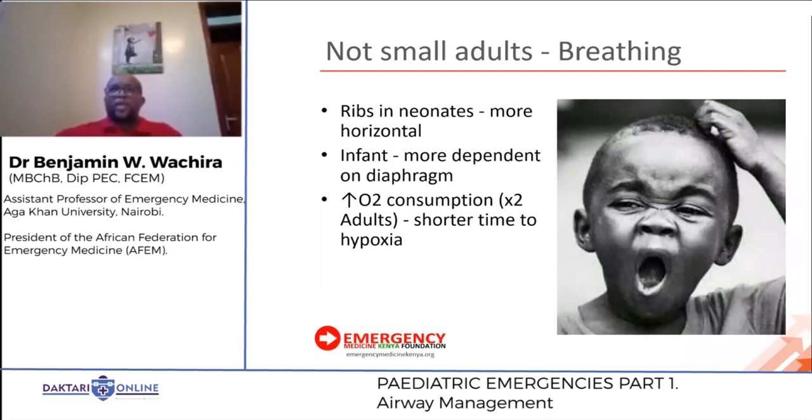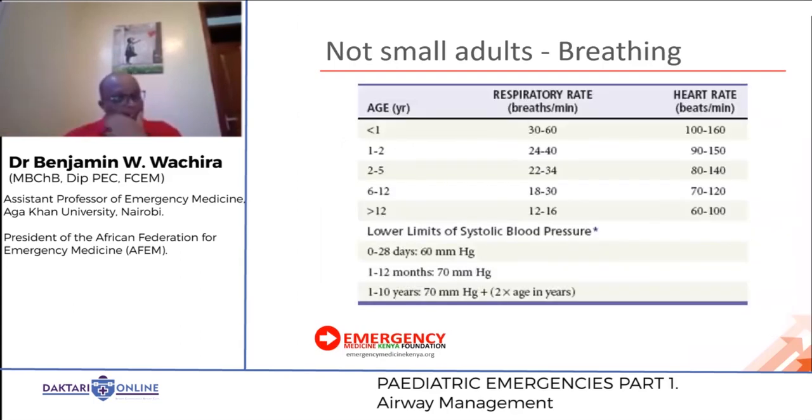So be careful when a child starts not breathing or not breathing adequately, not saturating well. If the respiratory efforts get further compromised, they will desaturate rapidly. So pre-oxygenate appropriately, and be ready to intervene as soon as possible, because you don't have the lag time you get when you're having an adult breathing.